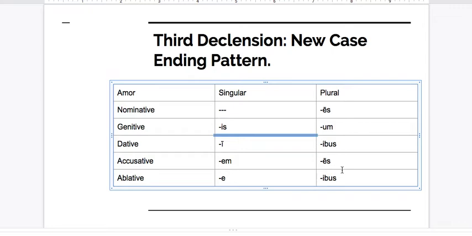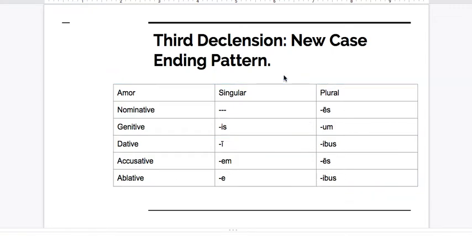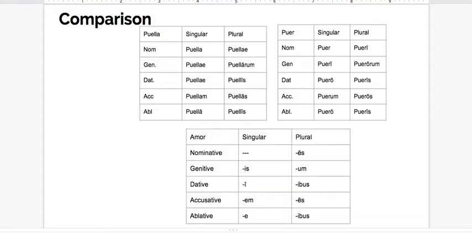Now we look at these other forms, and before we go any farther, what I'd like you to do is compare this to the forms we already know. So take a moment, pause the video, but first just hear the instructions. What you should do is look at these new endings and compare them to the endings of the first and the second declension, and just see where patterns emerge.